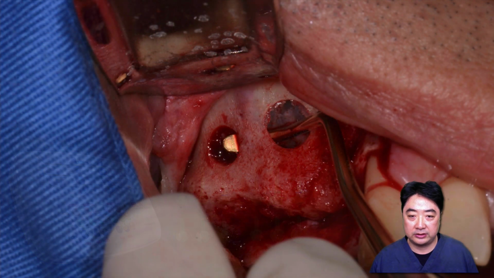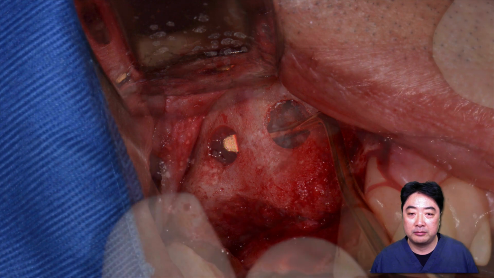For this patient, I actually made 2 windows and connected them together. I carefully dissected with the instrument called FLIR, which is also included in the SLA kit. I'll have a chance to explain it later as well. I carefully dissected the maxillary sinus membrane and elevated it.